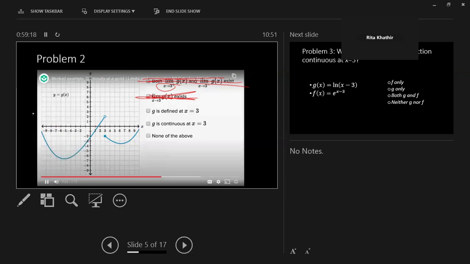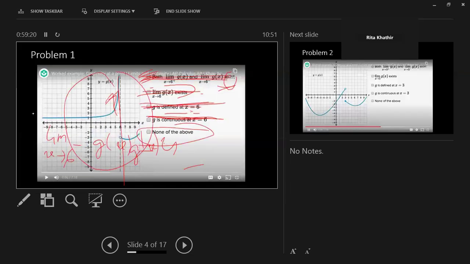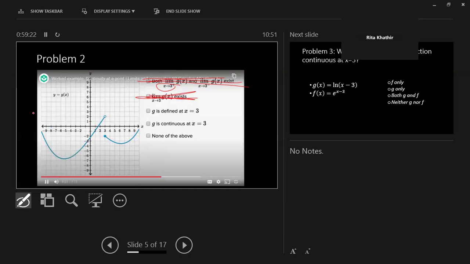Limit x approaches 3 of g of 3. Look at here. Is there any value? Look again. The circle that is empty, no value. But the darker circle, that has the value.